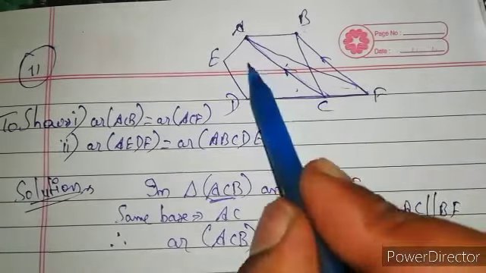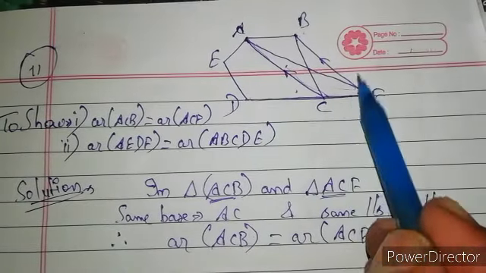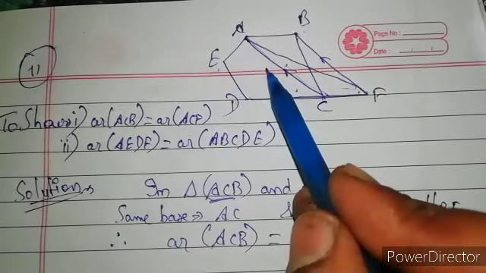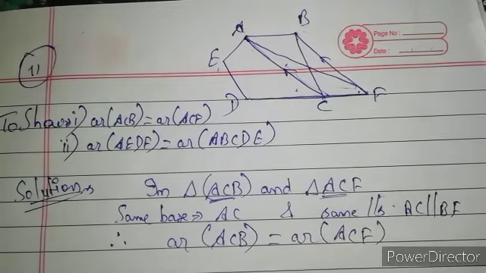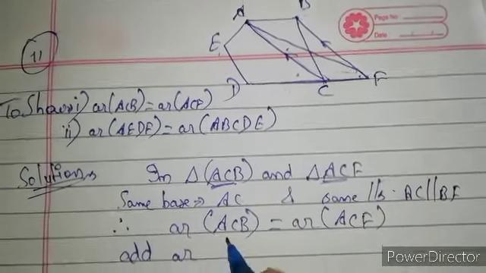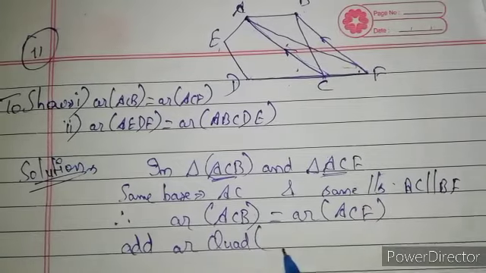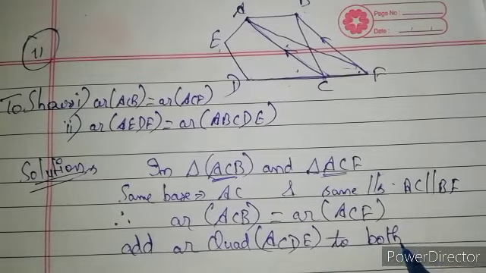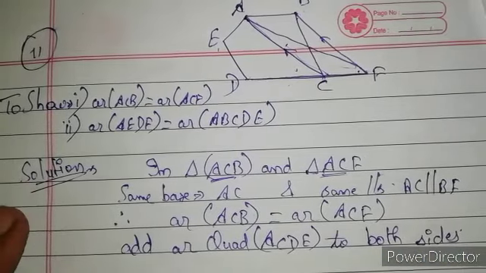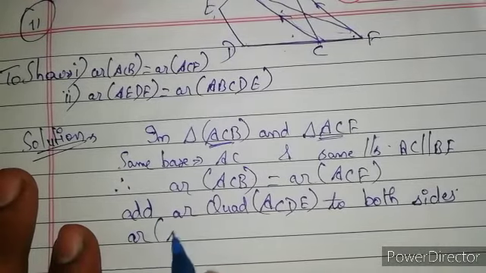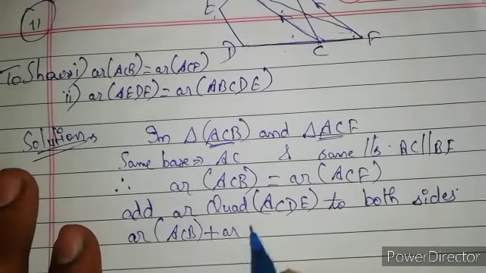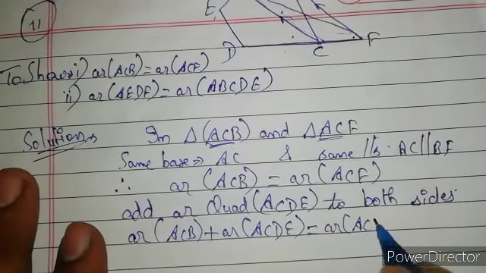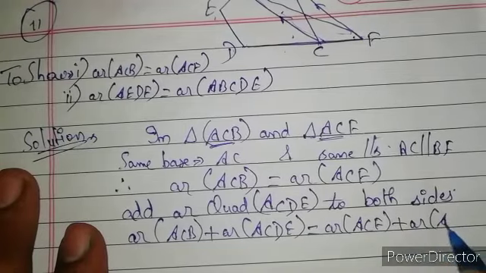Now look, if we add area of quadrilateral ACDE to both the triangles, so area of ACB plus area of ACDE is equal to area of ACF plus area of ACDE.